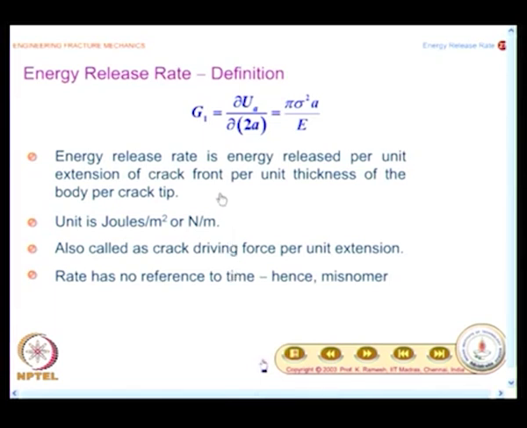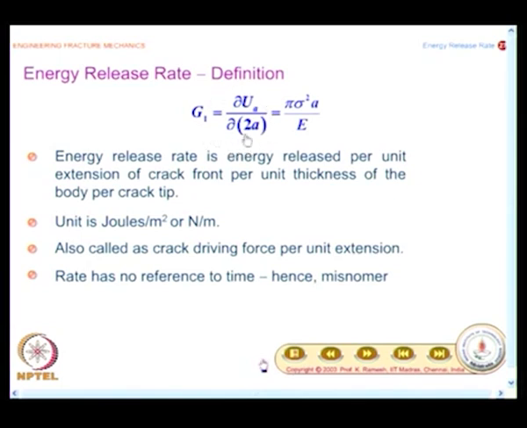And what do you find here? Energy release rate is energy released per unit extension of crack front per unit thickness of the body per crack tip. Because we have taken a center crack, here the crack length is put as 2a. Do not take this as the generic expression of energy release rate.